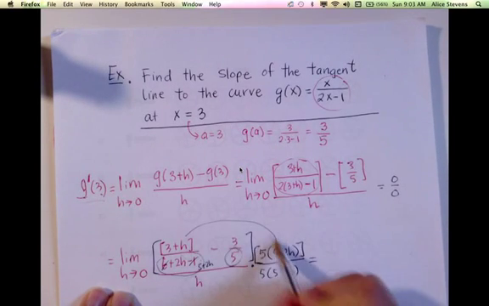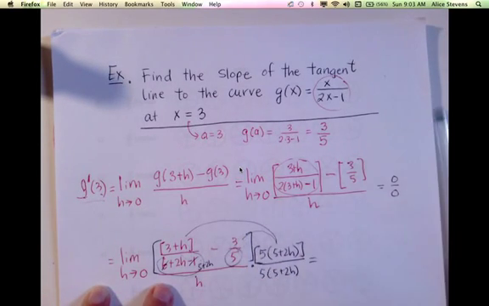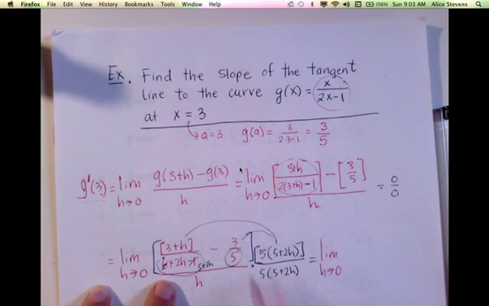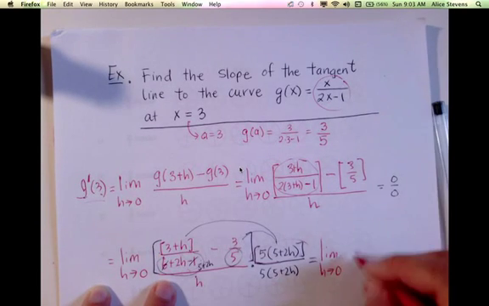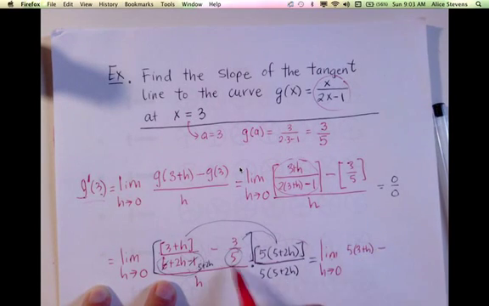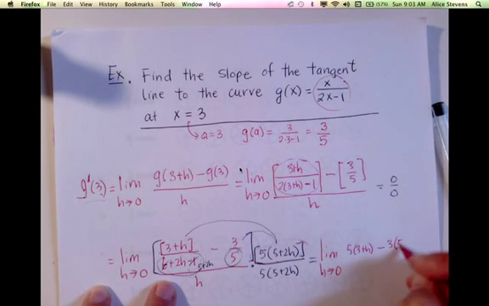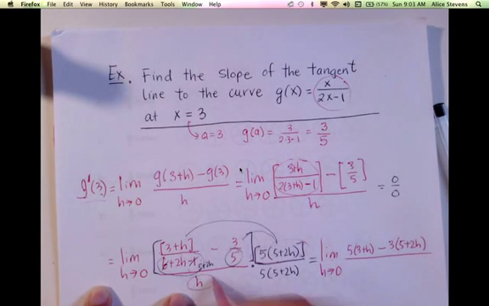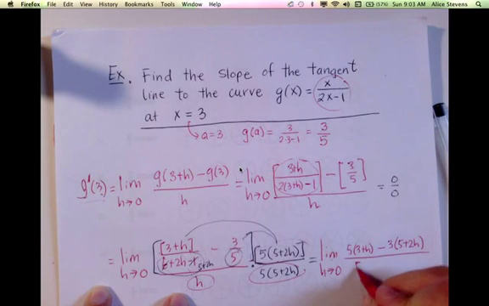And this times this gives me 5 times 3 plus h minus, all over, don't forget to multiply this by this, I have 5 times h times 5 plus 2h.